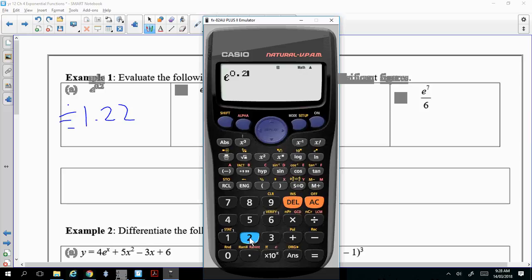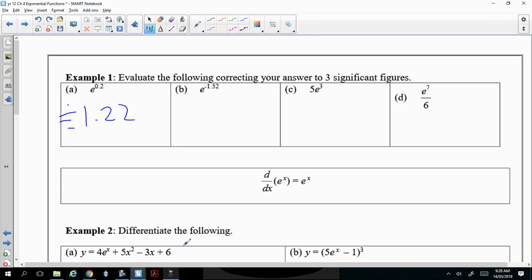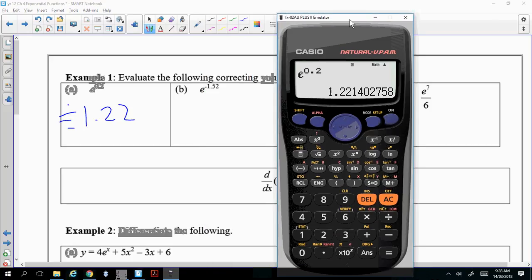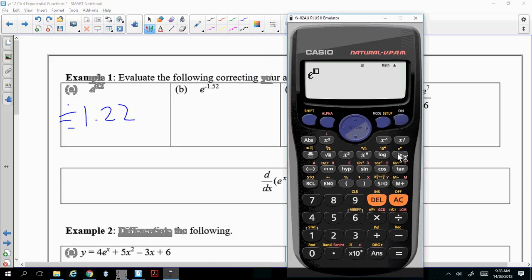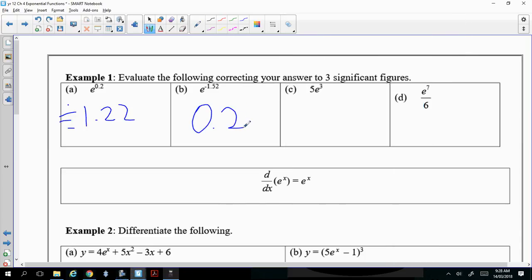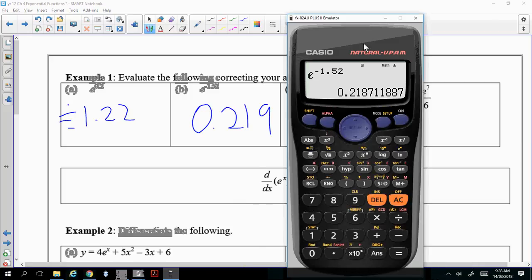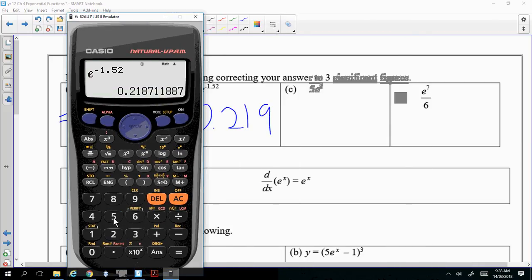So now I'm going to do shift, this, and then press negative 1.52, which gives you 0.219, 3 significant figures. How about the next one? 5 times that, you just write 5. You don't need to put the times symbol, just press shift, that, 3, and you will get your answer 100.4. So that will be 3 significant figures, 100. So the 0 is counted as significant.